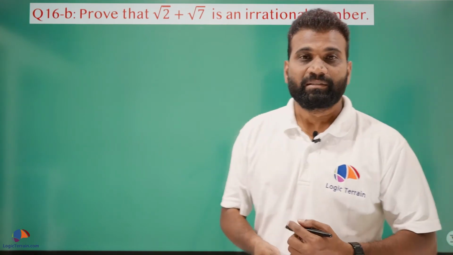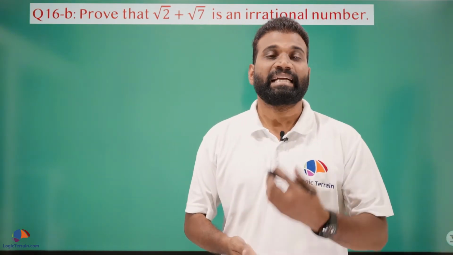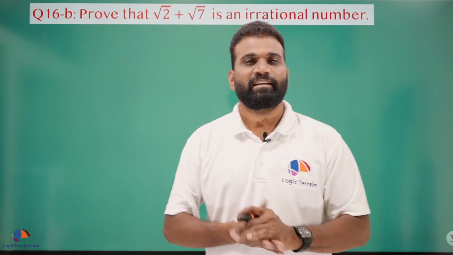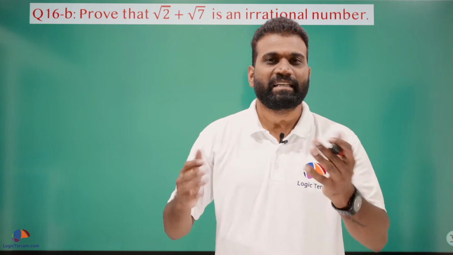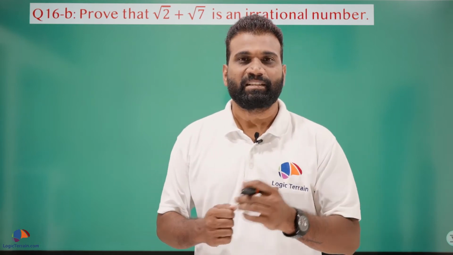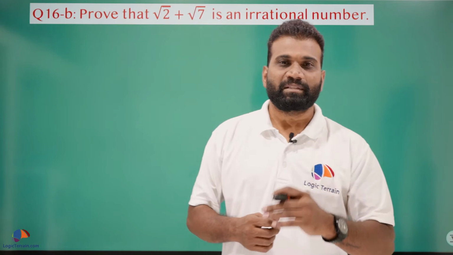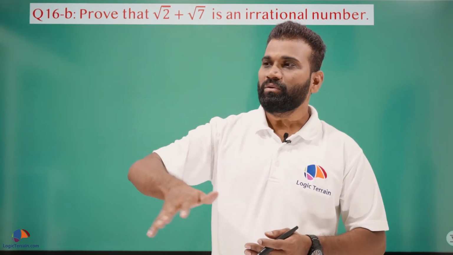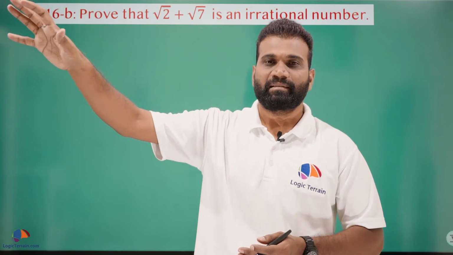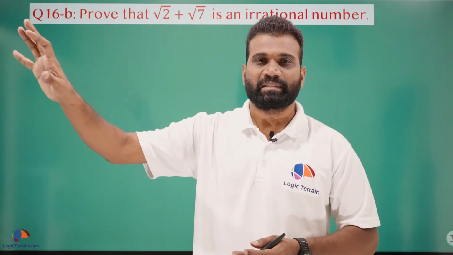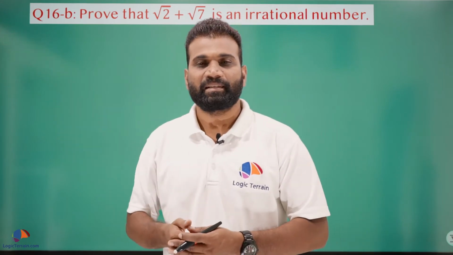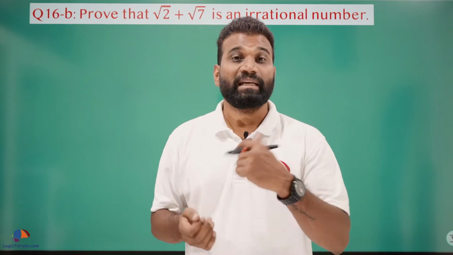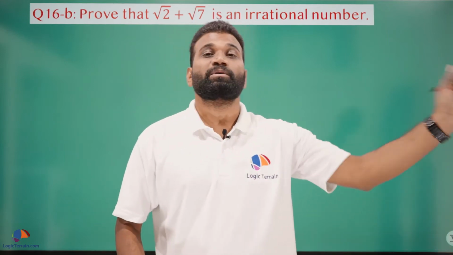For that we have a method, that is the indirect method. So what we do in the indirect method is, there is a funny story. For example, there is a person, let us assume some X. He asked how to go to a particular place. Another person said you have to go in this direction, and he thought, why should I listen to him, I'll go in the opposite direction.